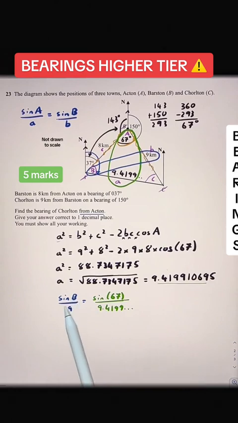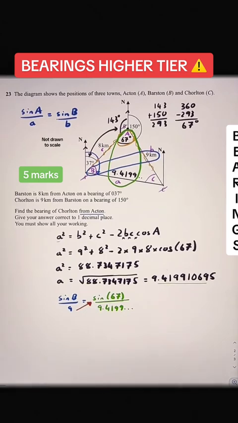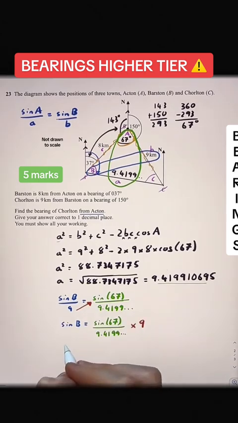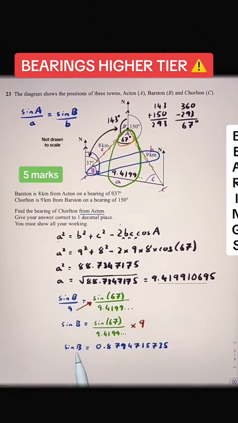As I want to find the size of the angle, I know the opposite is divided by 9. Therefore, I multiply both sides of our equation by 9. Leaving the left-hand side of my equation alone and substituting everything on the right-hand side into my calculator, I get sine of B is equal to 0.879. As I want to work out the size of the angle, in this case I call that angle B, I leave B alone on the left-hand side. In this case, I must move the function, in this case sine, across an equal sign.